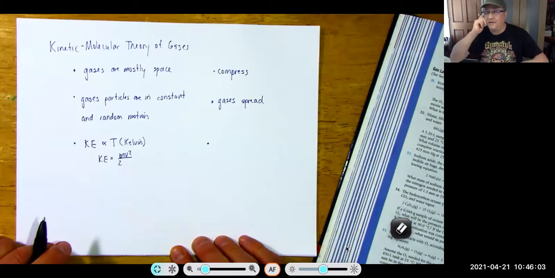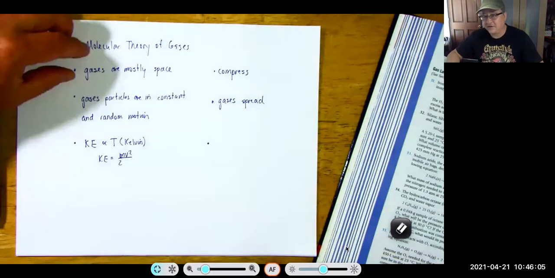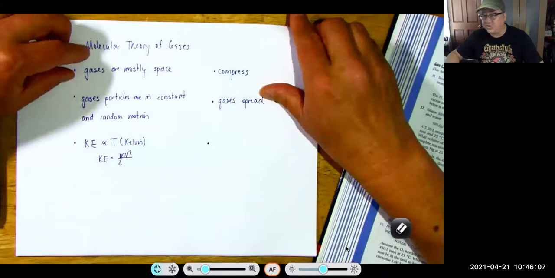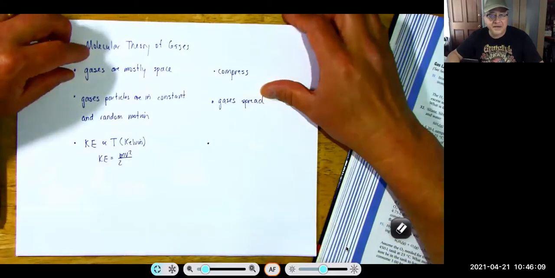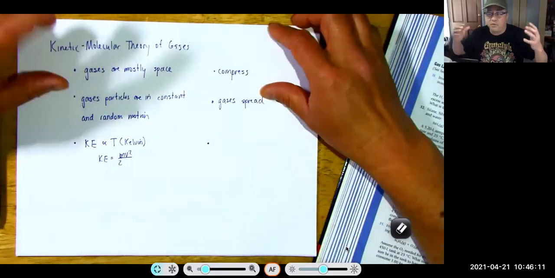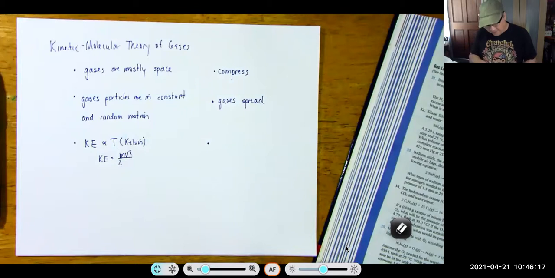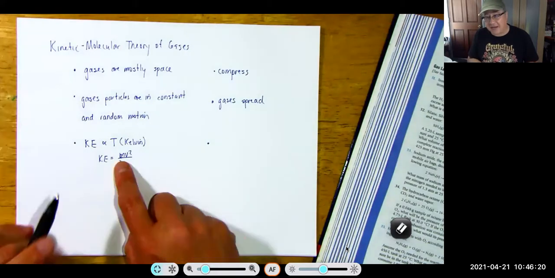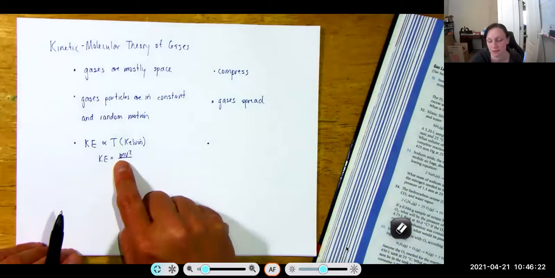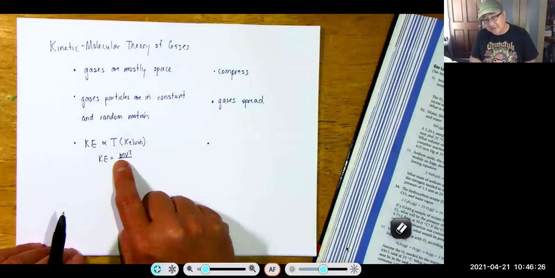How can a car, which is huge, have the same kinetic energy as a small rock? I don't know. Well, they have different masses, right? Yeah. If you have a really tiny mass, how are you going to get a large kinetic energy?